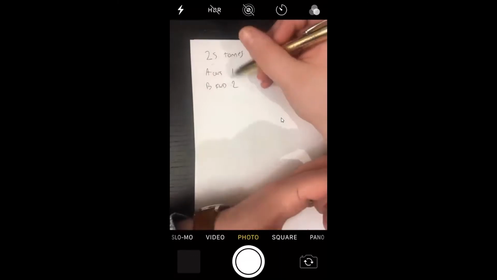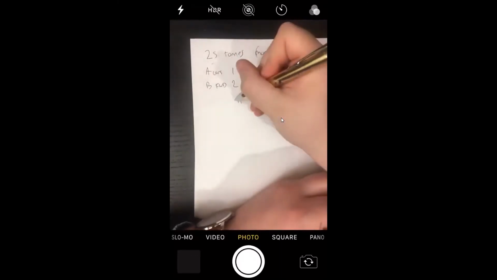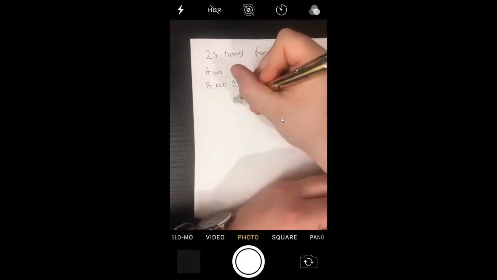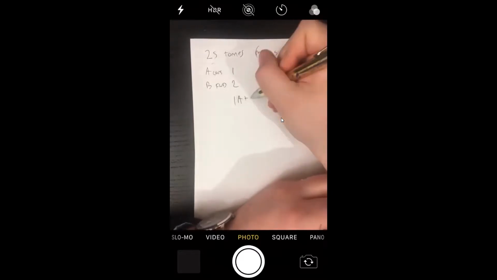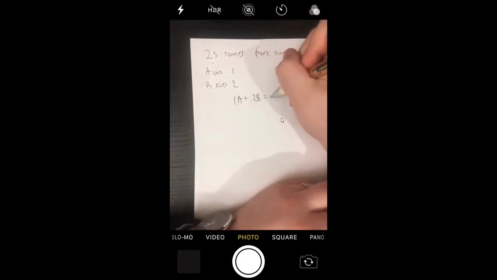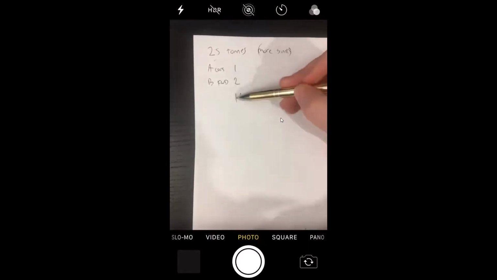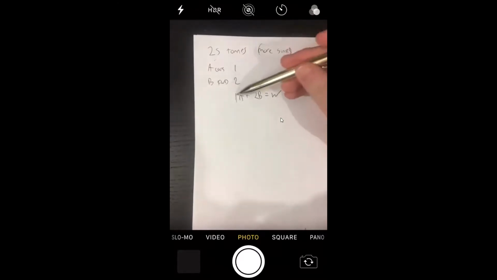Well, 1 times A plus 2 times B is going to equal the total weight. Think about it, okay? If I had 25 cars, 1 times 25 would be 25 tons. If I had 1 car, 1 times 1 would be 1 ton. If I had 10 four-wheel drives, 2 times 10 would be 20.